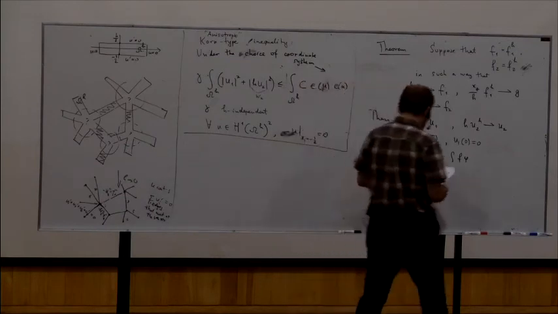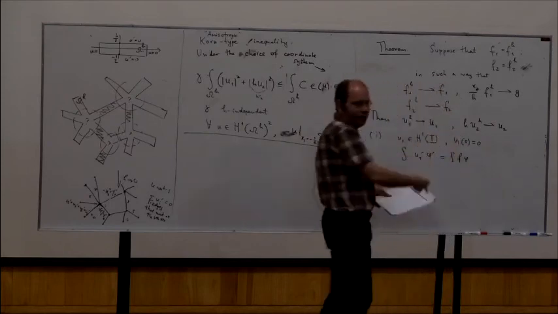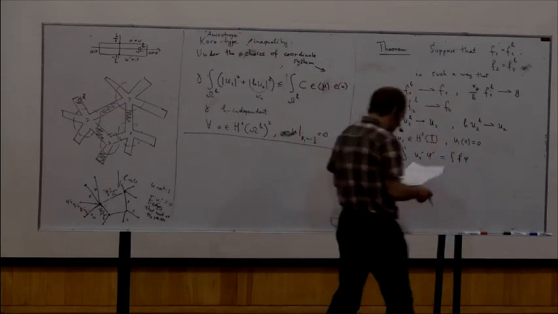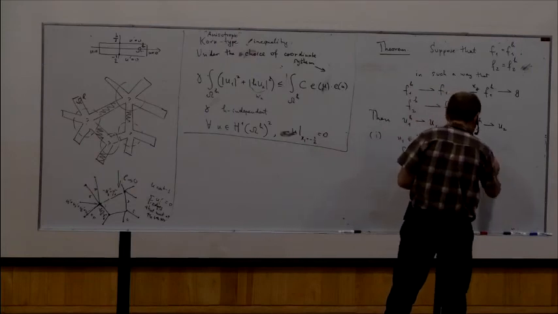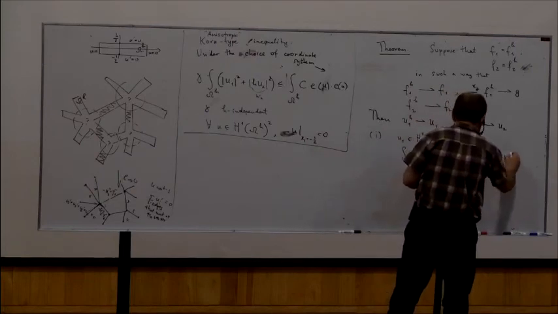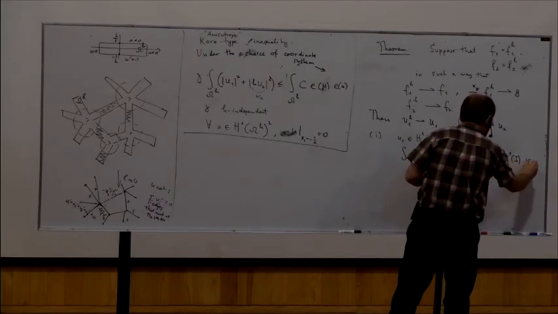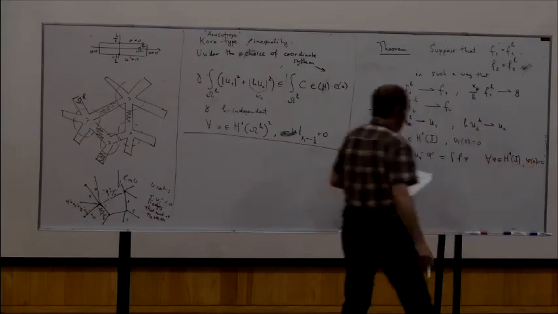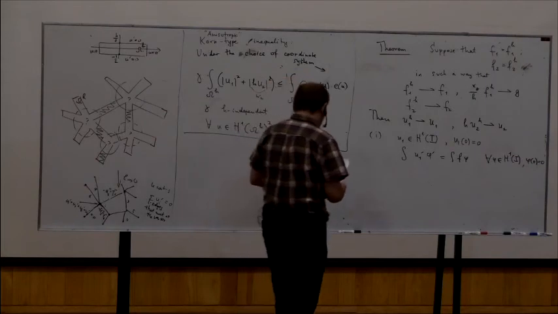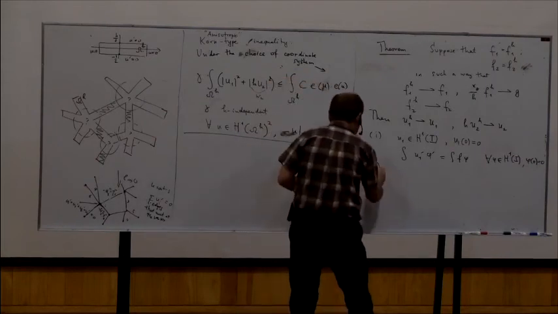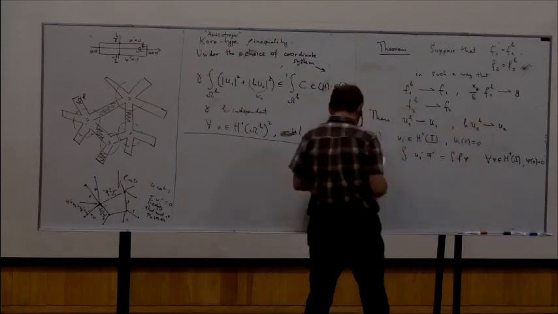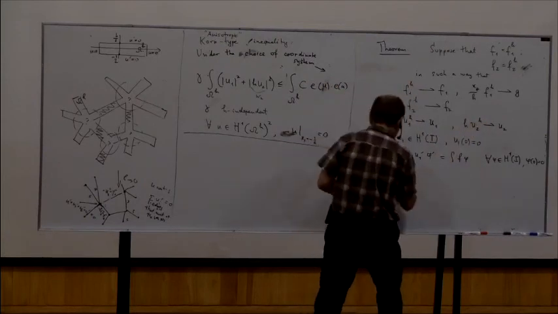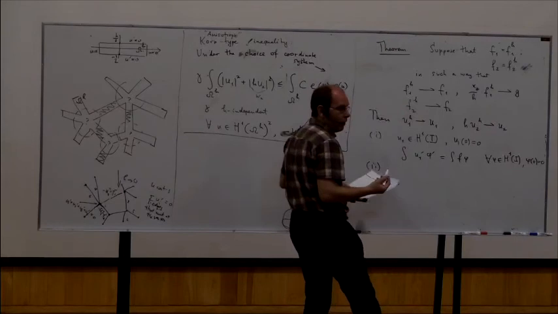So you can continue calling it the diffusion equation. It doesn't matter. It's just terminology, just convention. So for all phi in H1 with this condition, and second, the limiting component u2 satisfies a weak formulation of a problem of fourth order.